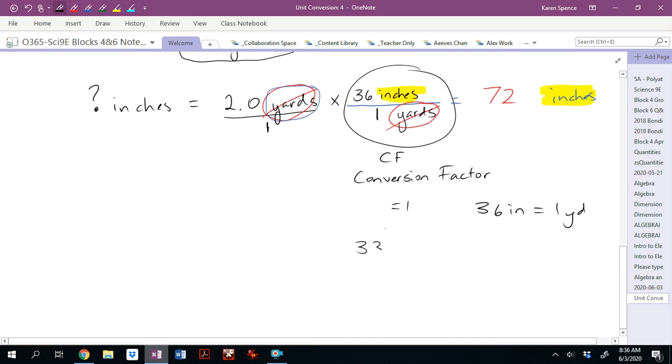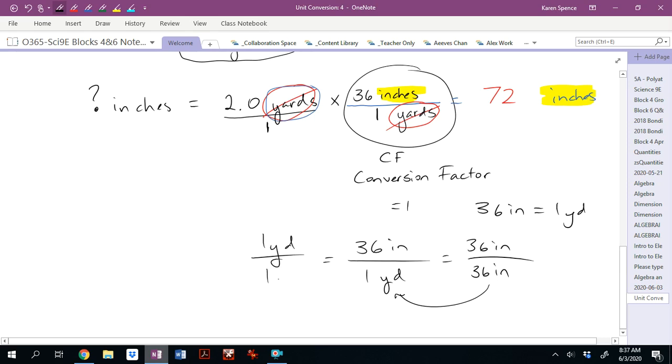So if I was to write 36 inches over 1 yard, that would be the same as writing 36 inches over 36 inches, because 36 inches is 1 yard. I could also write it as 1 yard is equal to 1 yard.